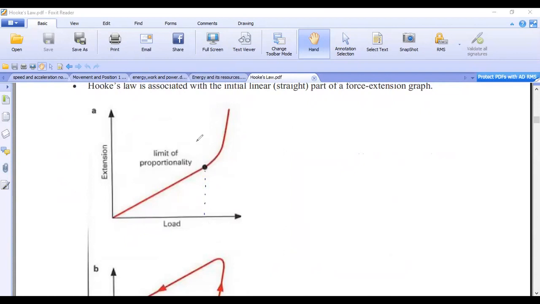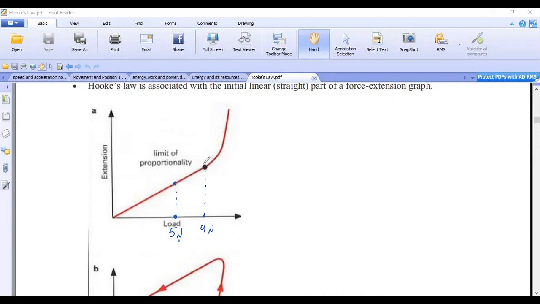Okay. Look here. Let's say the load here is 5 Newton, and the load here is 9 Newton. If you remove the 5 Newton from the spring, it will return to the original length once again.